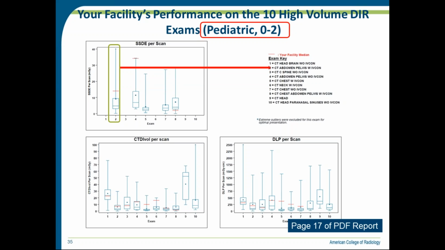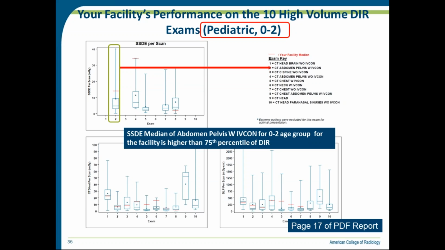So you can see this box plot actually showing the number 2 exam, and we can say the SSDE median of abdomen pelvis with IV contrast for the 0 to 2 age group for the facility is higher than the 75th percentile of DIR. That's how we will word this box plot.